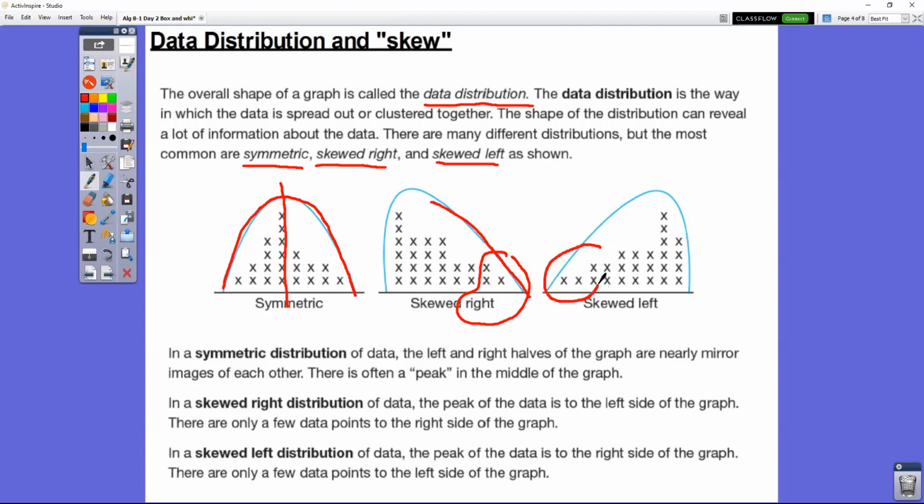Skewed left, and we'll see more examples of this, the bottom of the hill is being stretched to the left. So notice that the majority of our data here is to the left. The majority of our data here is to the right. That skew is being stretched. So this bottom, longer part is over to the right. This longer part is over to the left.